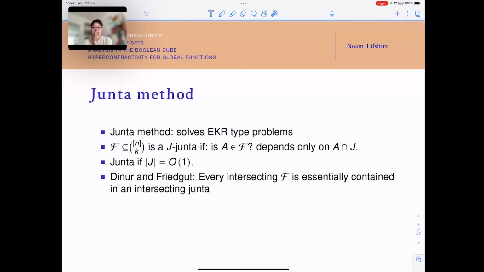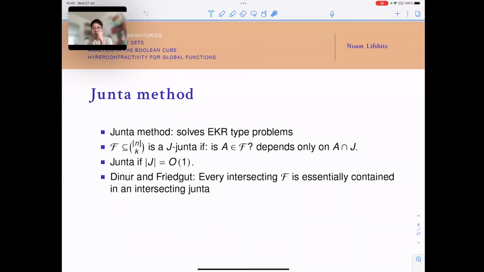So the only way to construct an intersecting family is to take an intersecting junta and then remove elements from it, because if you have an intersecting family, you can always remove elements and it will stay intersecting. And then you are allowed to add only a small amount of elements outside of the junta. And that's the structure of every intersecting family.